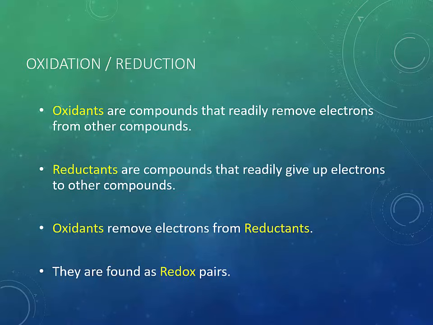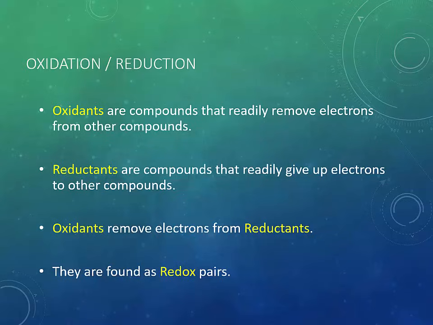By definition, the material that is having the electrons removed from it is a reductant because it is placing electrons onto another material. The material that is doing the removing is by definition an oxidant because it is drawing electrons away from a material.